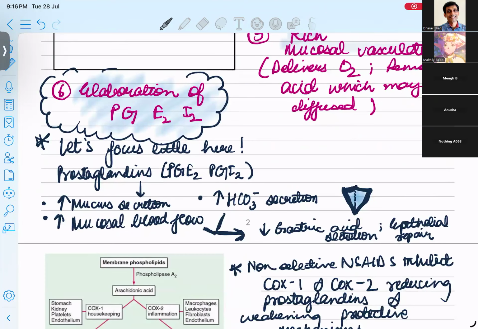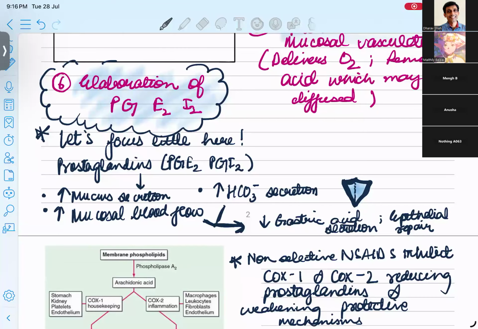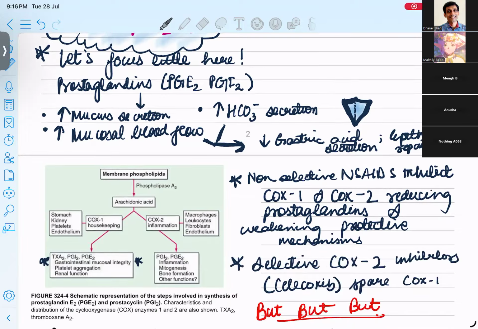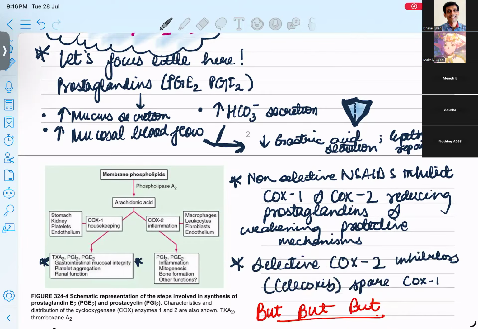And of course, prostaglandins, there is a very big role of prostaglandins because they release bicarbonate ion, and then they maintain the pH and the amount of HCl that is in the stomach. So we have to understand prostaglandins, PGE2 and I2 very carefully. So prostaglandins mainly help in more mucus secretion, in more mucosal blood flow.